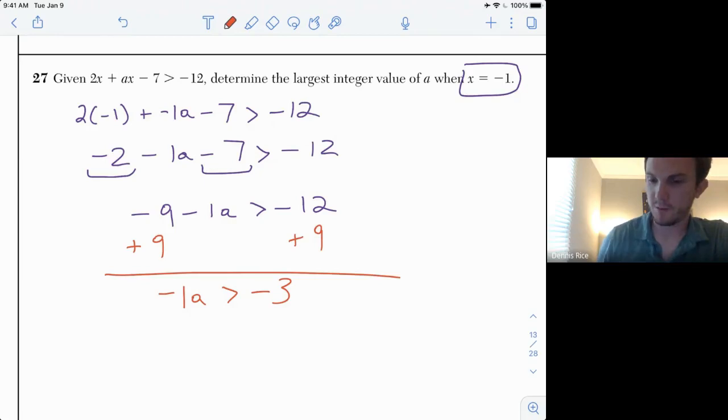No, divide by -1. Yeah, we've got to get rid of the negative sign. -3 divided by -1. Good. Christian, there's a random 8th grader in here who says, flip the sign. Why are we flipping the sign? Yeah, we're dividing by a negative. So instead of greater than, this becomes less than.